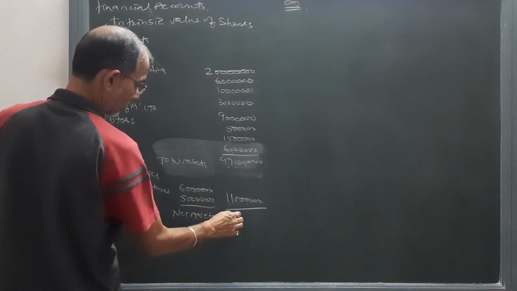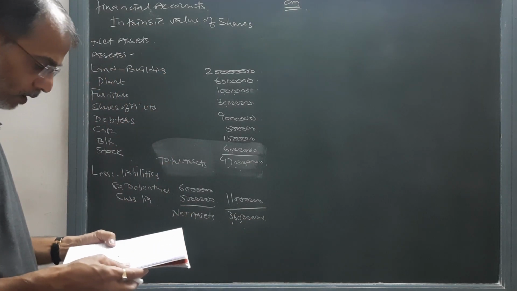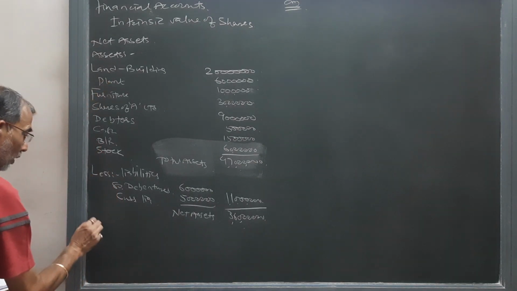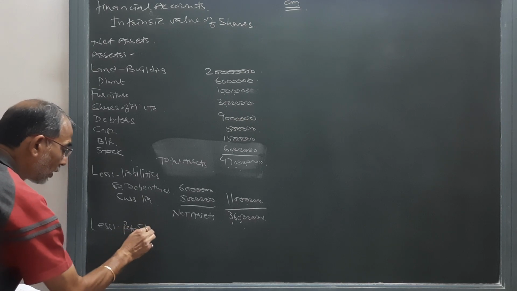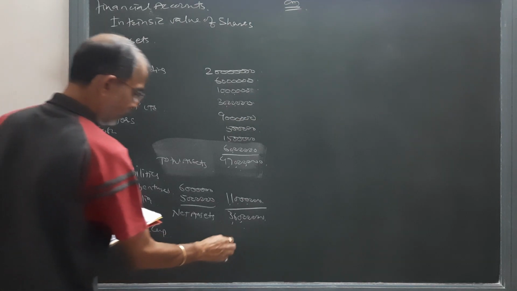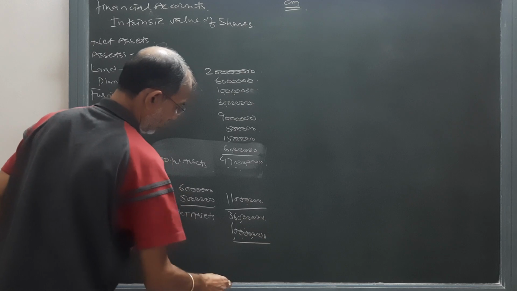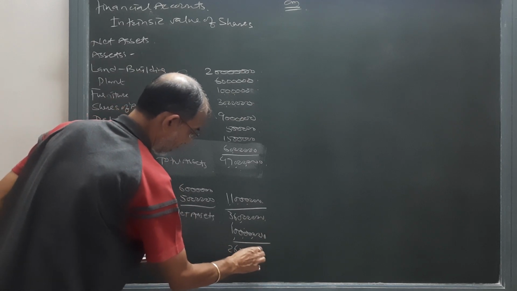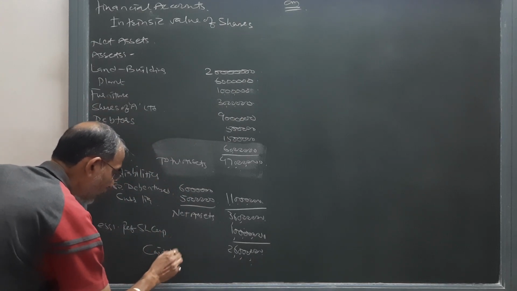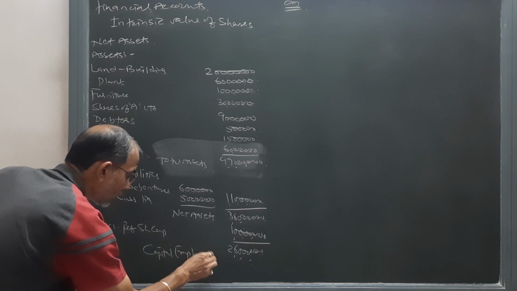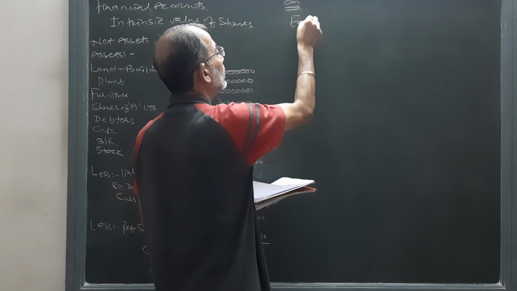So 3 crore 60 lakh. Now less preference share capital, that is 1 crore. So 2 crore 60 lakh will be capital employed.